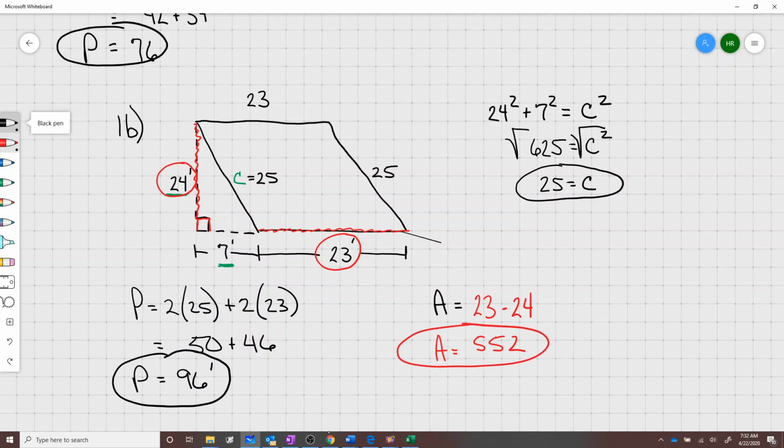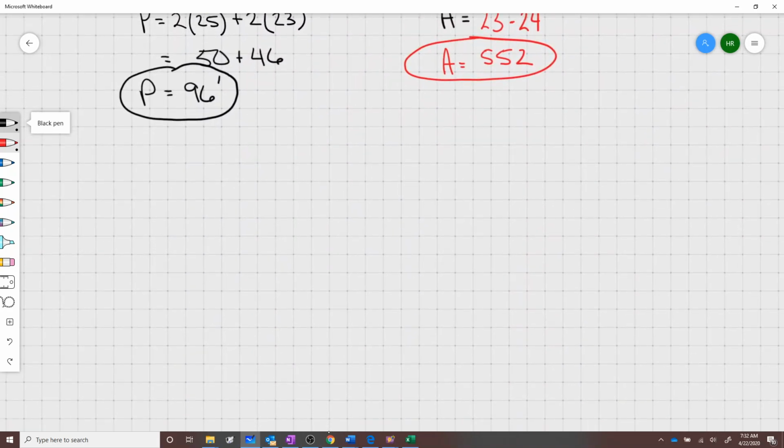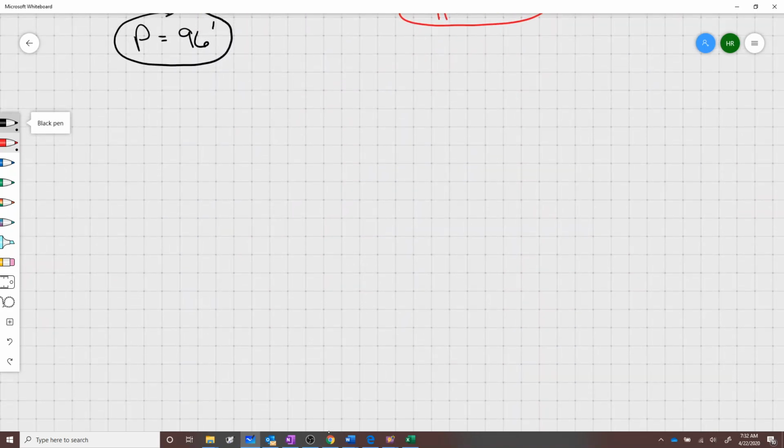Okay, so that's your lesson for today. Let me give you a couple of practice problems to do, and I'll let you on your way. So here are your practice problems. Same directions, you're going to find the perimeter and area of each parallelogram.